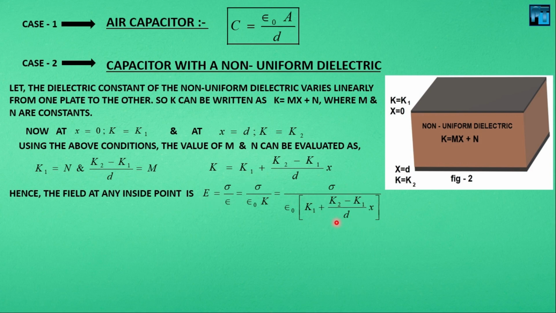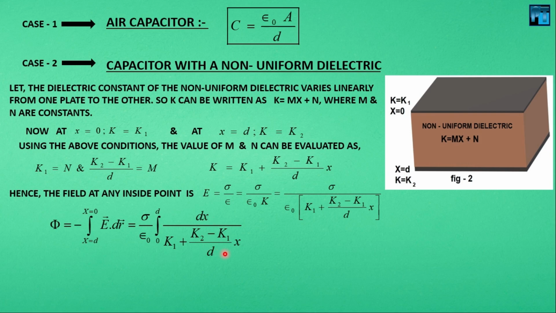Okay, now we shall calculate phi, and the method is the same: minus integral from d to 0 of E dot dr. Making this minus into plus, we can alter the limits to 0 to d, and we just put this value here. So this integration becomes like dx by x, and the answer is ln x.